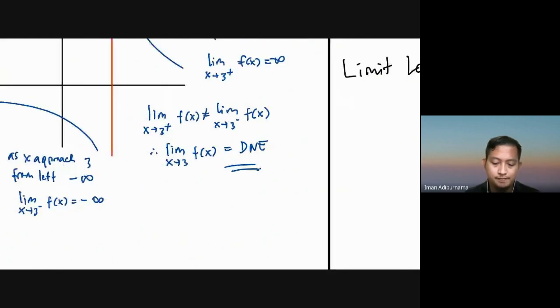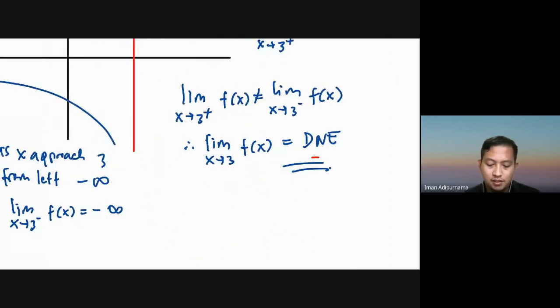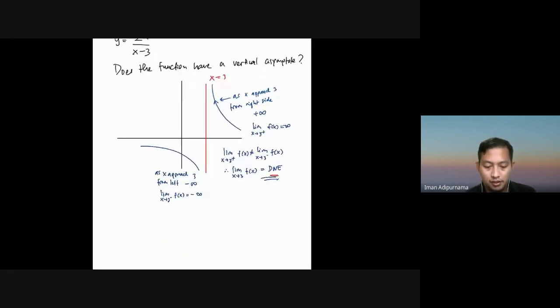So you say it doesn't exist not because it's going to be infinity or negative infinity, it's because the right and left hand limits do not have the same conclusion. Okay. All right. Yeah, we can move on, I think.